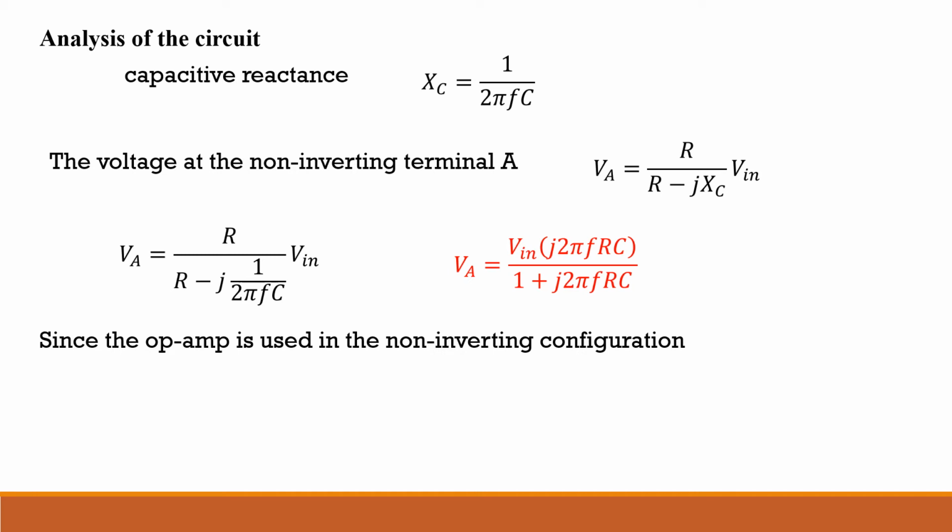Since the op-amp is used in the non-inverting configuration, the output voltage V0 is equal to 1 plus Rf divided by R1 times Va.